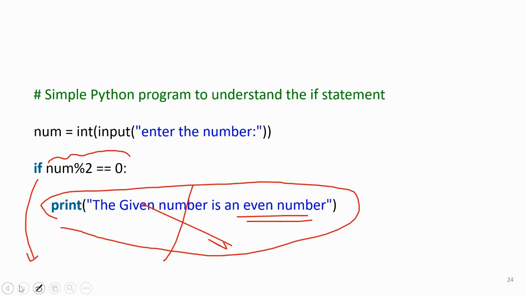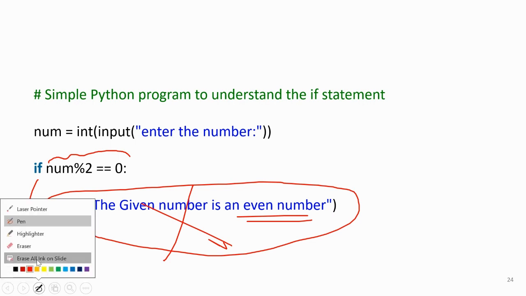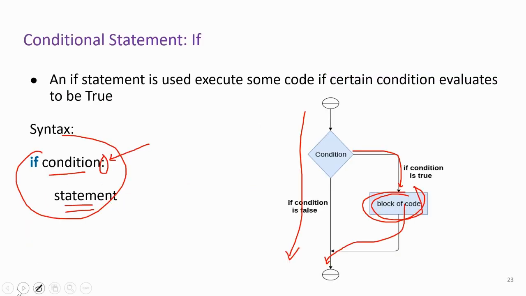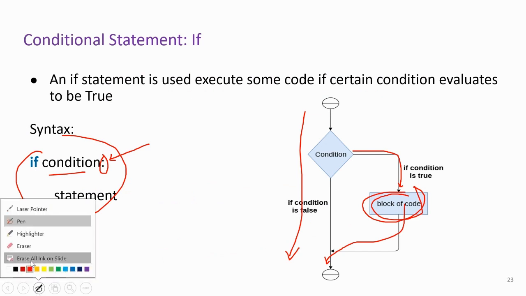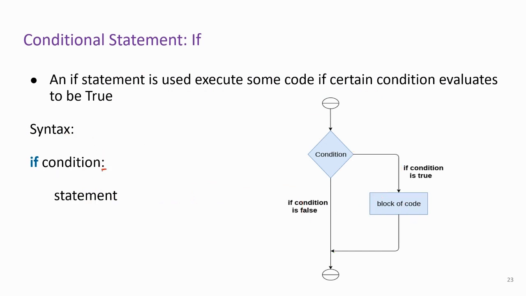One more thing you have to note. See here, after the if statement, as I told you, there should be a colon. Immediately after this colon, if you press the enter key, it will go to this point only. It will not go to the extreme left. There will be a space available here. This space is known as indentation.